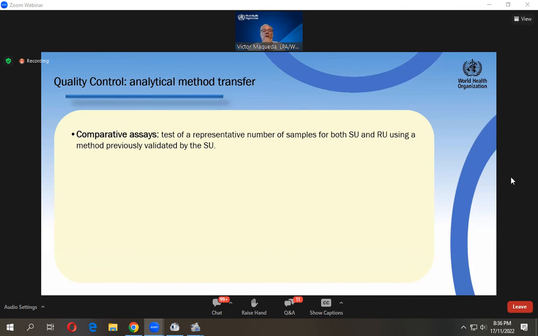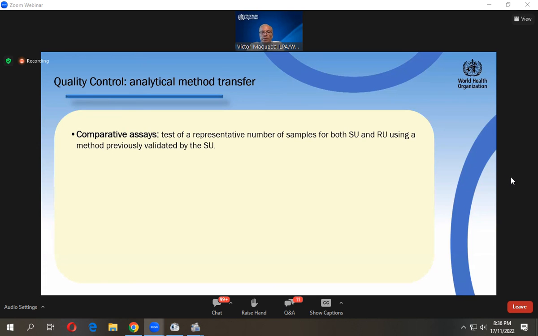Okay, for analytical method transfer, we have different approaches. And as we will see, usually this first one, which is comparative assay approach, is the most widely used.